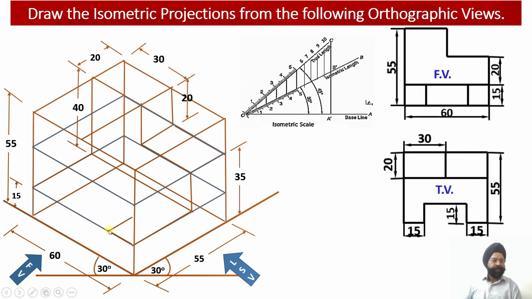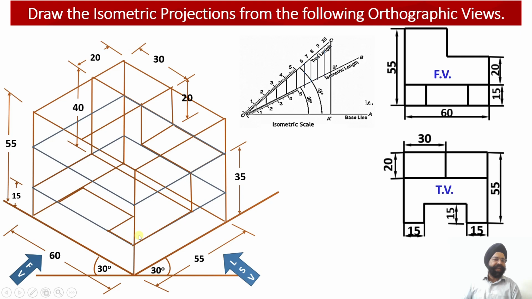So what I have done, on the front face I have marked this distance from the right hand side corner equal to 15 millimeter, and parallel to the z axis I have marked this depth equal to 15 millimeter. So this is the depth of the slot which has been marked over here.